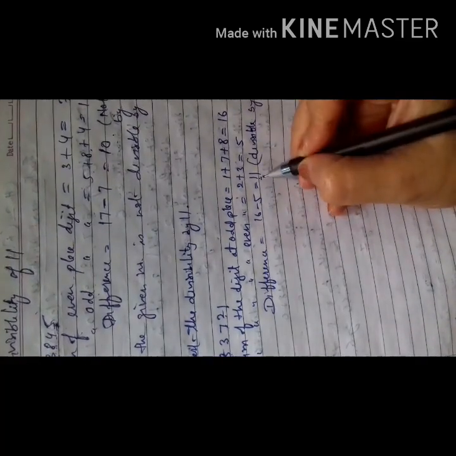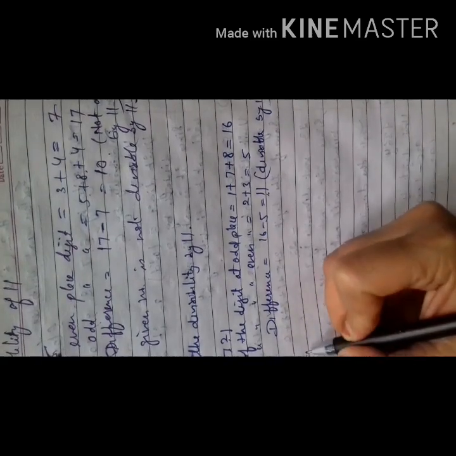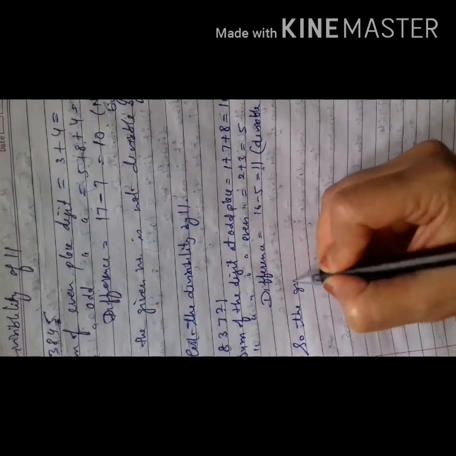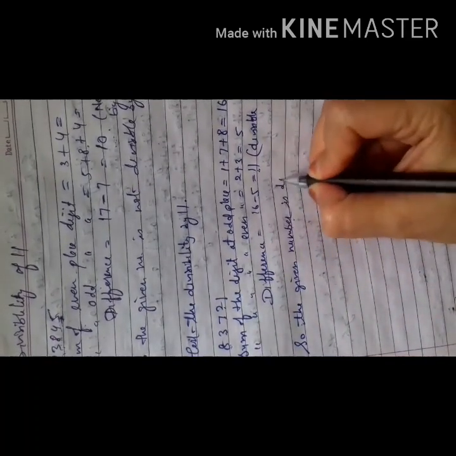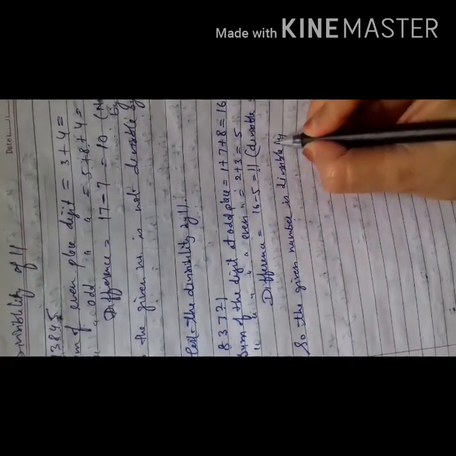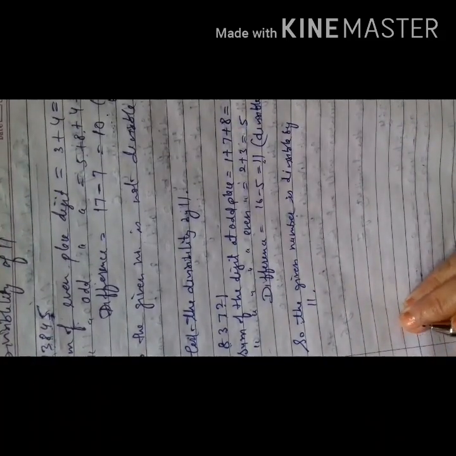It is a multiple of 11, so the given number is divisible by 11. Like this you have to do divisibility by 11.